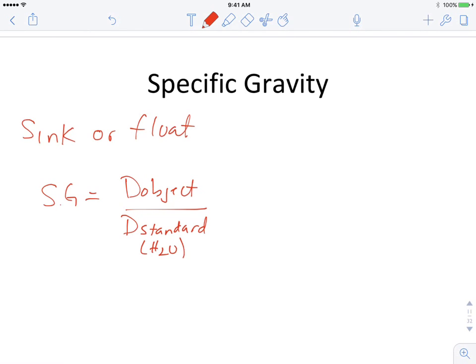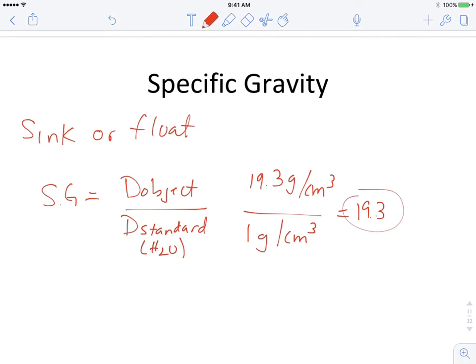So let's say, for example, I took gold and I had 19.3 grams per centimeter cubed. That's my gold density. And I compare it to the water standard. The water standard is 1 gram per centimeter cubed. Well, look at what happens. It's just the same number, 19.3. But now there are no units.